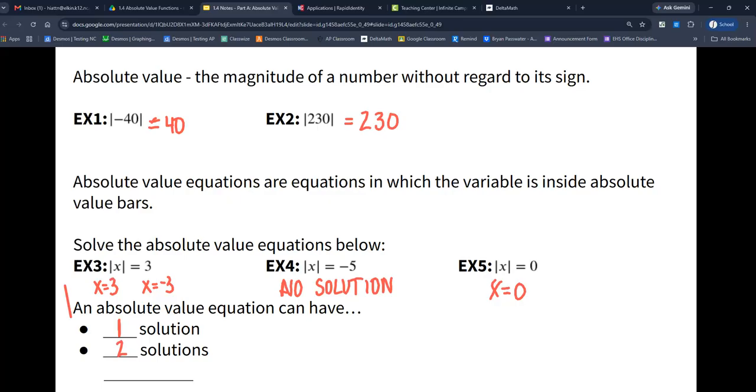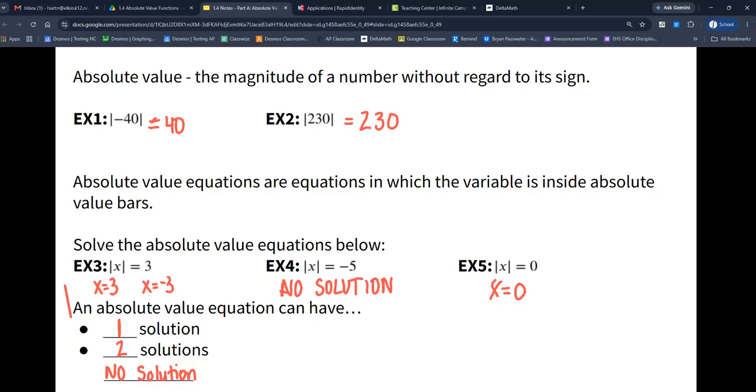You don't even have to say besides 0 because 0 is not positive. Okay? And then the last one is you can get no solution. And that is going to happen whenever you have your absolute value bars equal to a negative number because we can't have that happen.